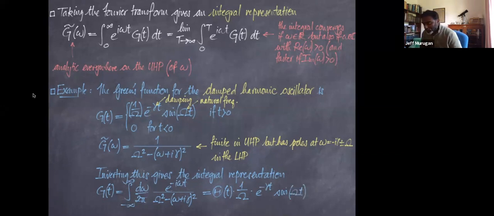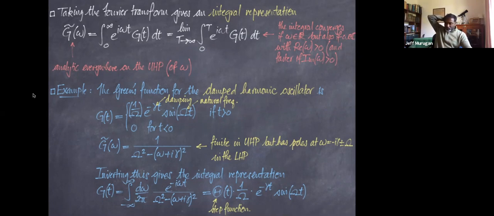And the Heaviside step function builds in for us the fact that if t is greater than 0, it's 1. If t is less than 0, it's 0. Okay.